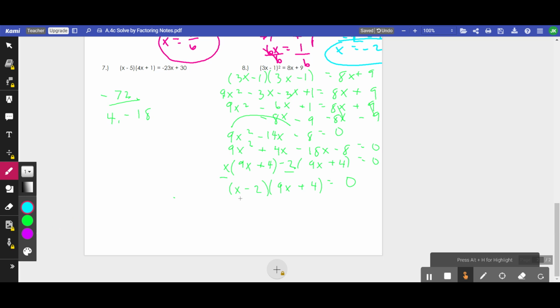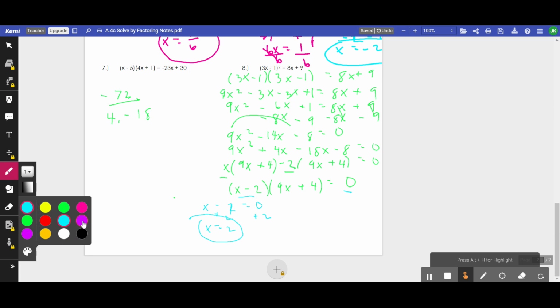So you can set your first one equal to 0, so you'll have x minus 2 equals 0. And then you can solve this one-step equation for x, so you should just add 2 to cancel the minus 2. So you have x equals 2 for one of your solutions then.